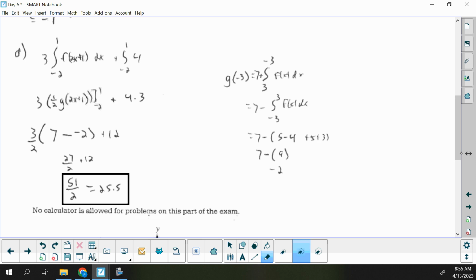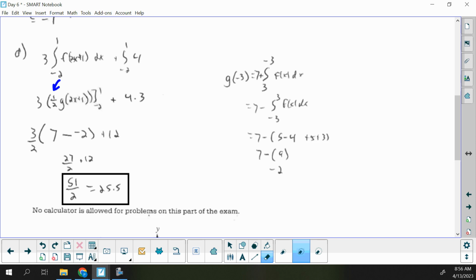And your last one, d. So we want to do the integral of that function, h. The first part of it is going to require a u substitution. The 4 is not. So I separated my integrals. This first integral, antiderivative of f is g, but you've got to do a correction by a half because of the u substitution. Antiderivative of 4 is 4x.